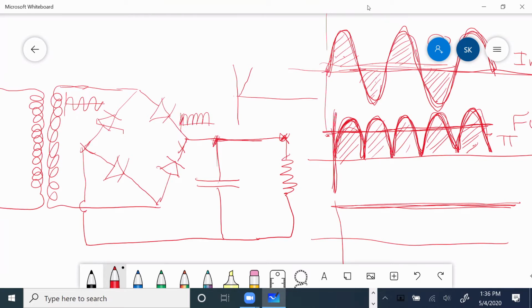It charges to a value that much. Then it wants to discharge through this resistor. Once this capacitor is charged, it would like to discharge through this resistor. So it begins to discharge, and then the next pulse will arrive.